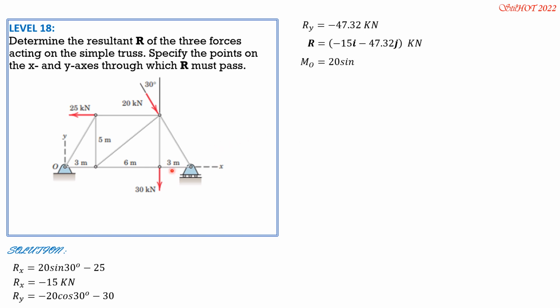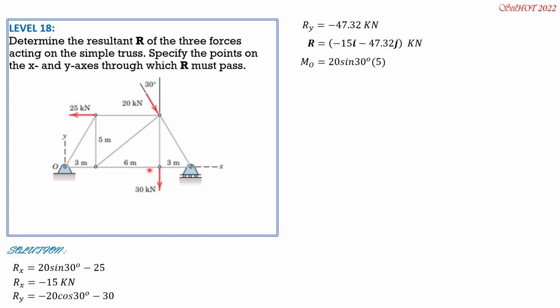So MO is clockwise positive beginning with the horizontal. This is horizontal 20 sine of 30 degrees so that it is clockwise about O. That's the assumption only. So 20 sine 30 times moment arm 5. The vertical component is also clockwise. You may combine it with 30. Let's just compute one by one. Next, 20 cosine 30.